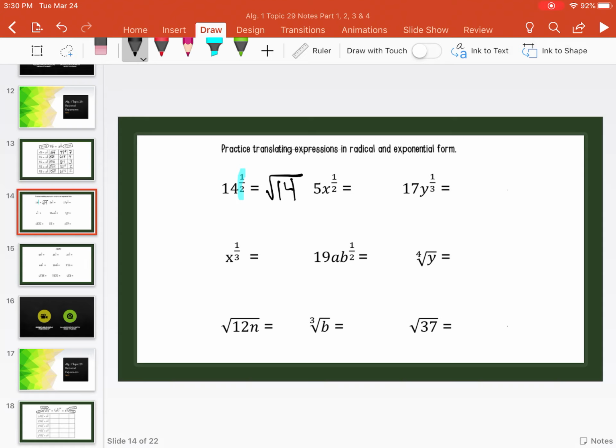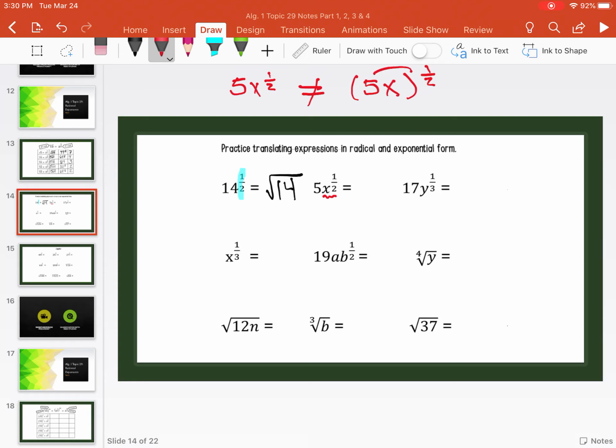On the left side, we have 5x to the 1/2. Now notice how this 1/2 is just connected to the x. It does not have parentheses around 5x. So 5x to the 1/2 is not the same thing as (5x) to the 1/2. See how I have parentheses?